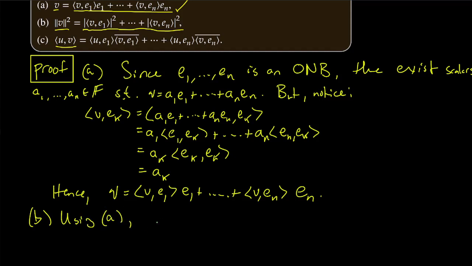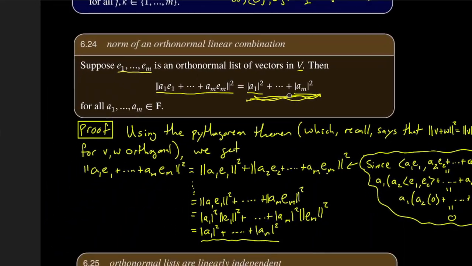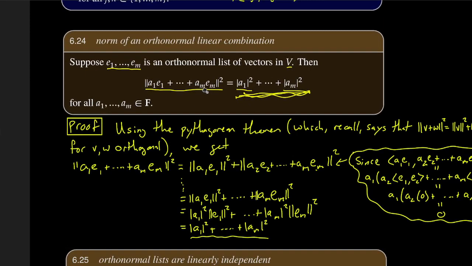Using A, the norm of V squared is equal to, well, just think about it. All we got is we're going to take this long thing and inner product it with itself. Or, even easier, if we take the very first theorem of the section, we can just use this. The norm squared of a linear combination of an orthonormal list is just the sum of the squared moduli of the coefficients in that linear combination.